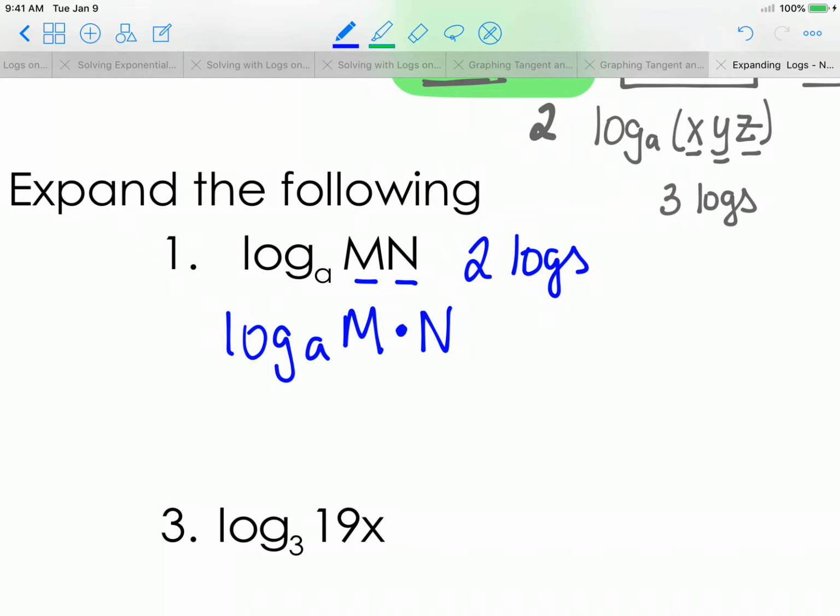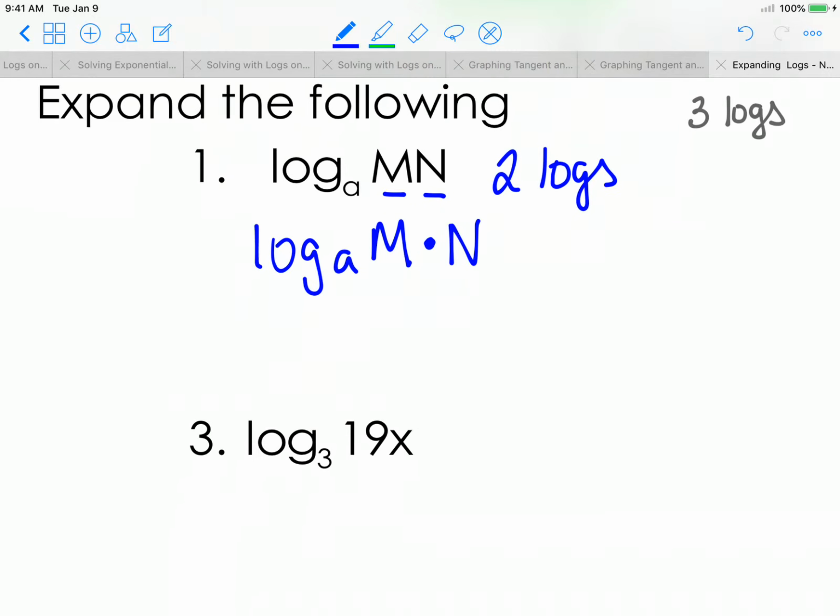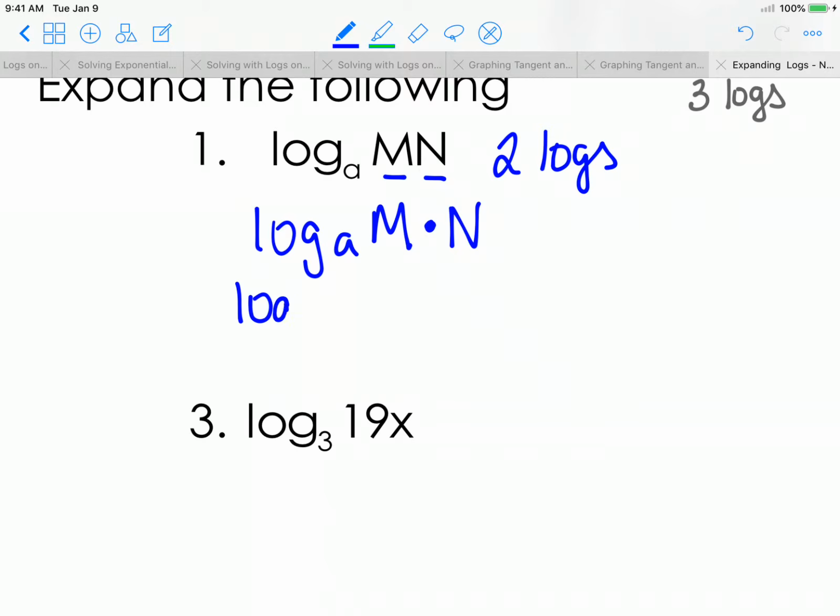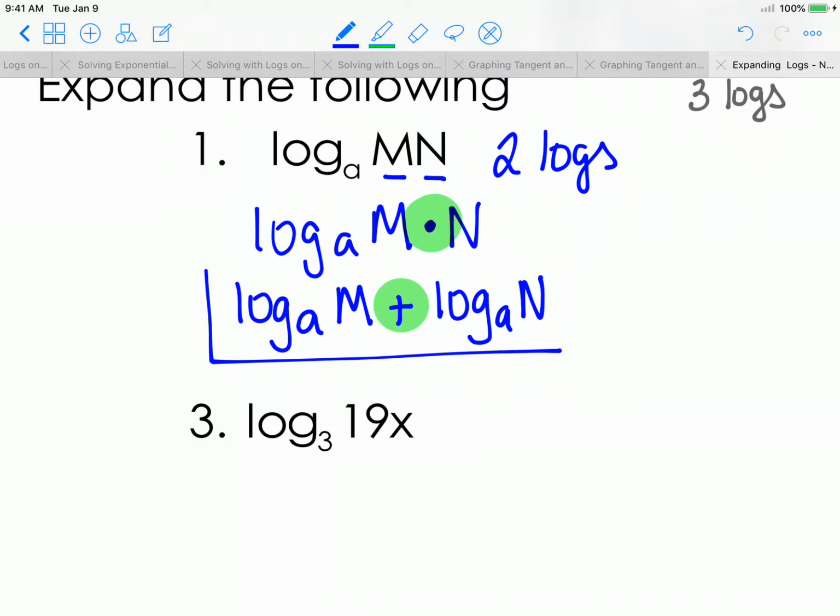So remember, think add. We're going to give the log a to the m, and we're going to give the log a to the n. And because it's being multiplied, I'm going to have to add these together. And then that's your answer of expanding. We're just expanding them out. That's it.